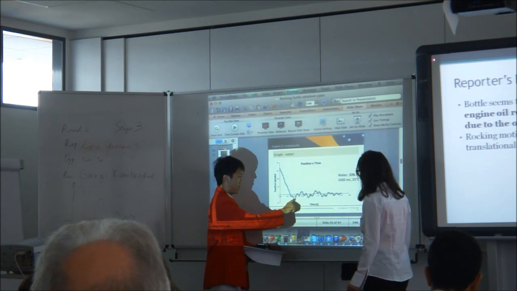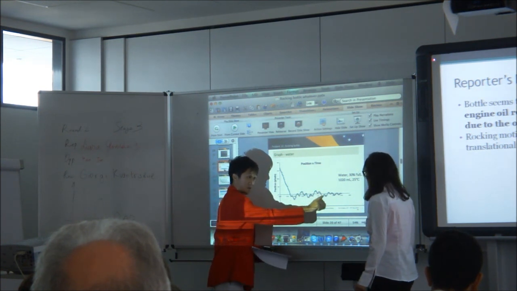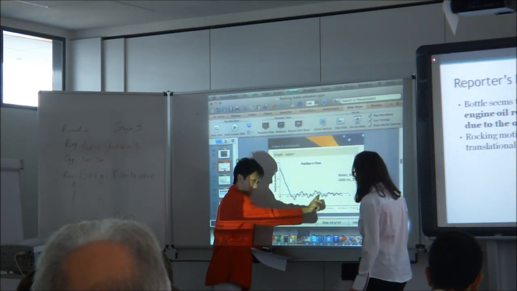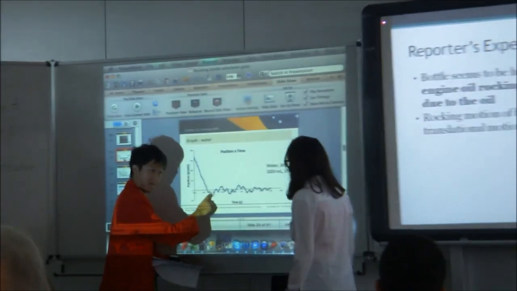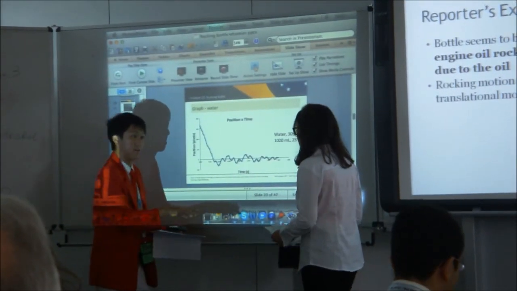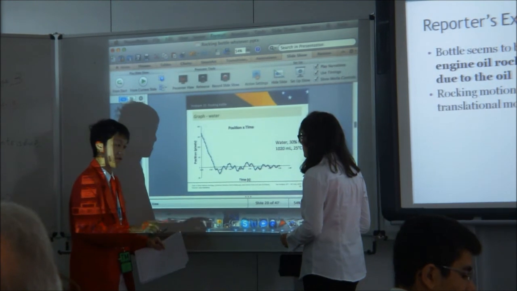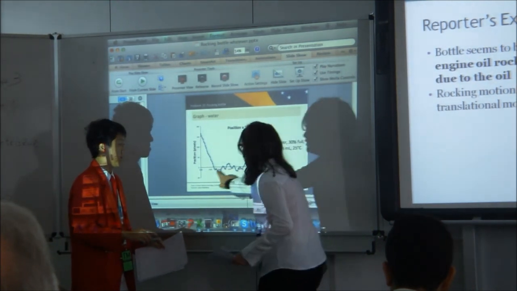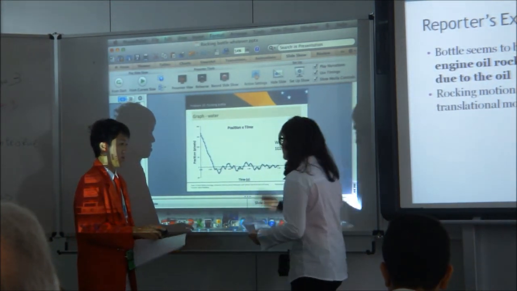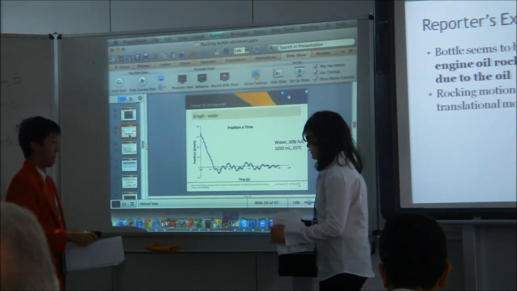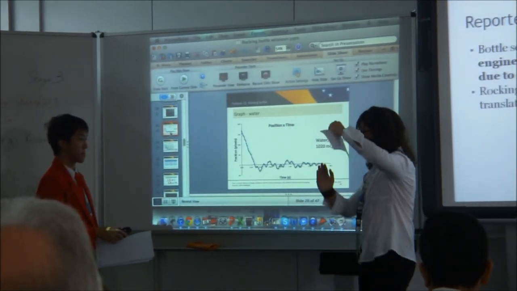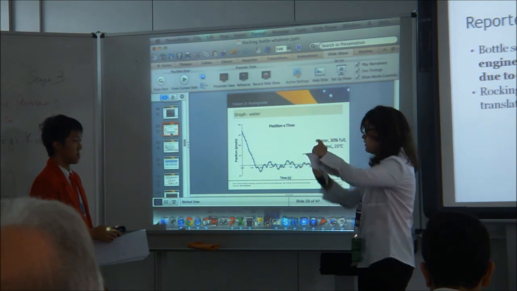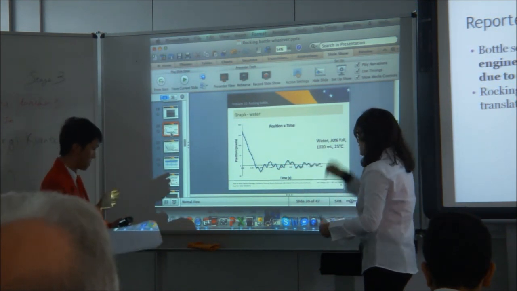You have this slower frequency oscillation superposed with higher frequency ones. So which one is actually the rocking motion? This whole thing is the rocking motion, because we have two kinds of rocking in the water: the rocking of the liquid inside the bottle and the rocking of the bottle. Okay, so we have two superposed.